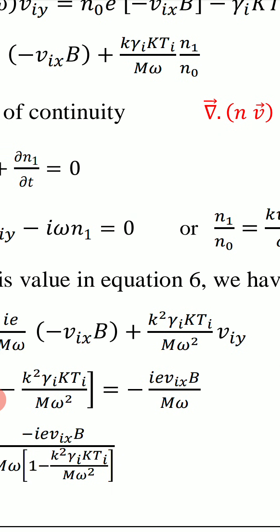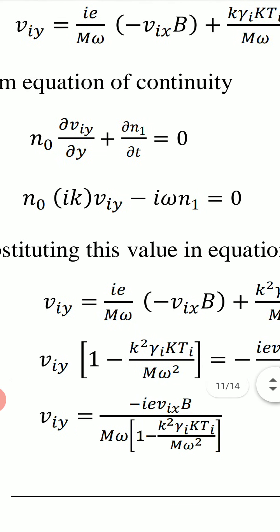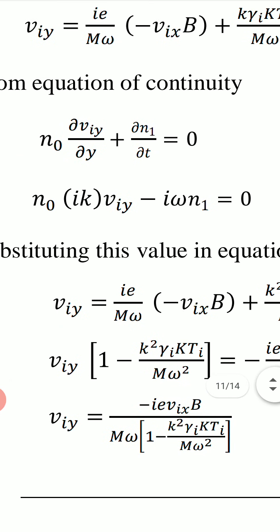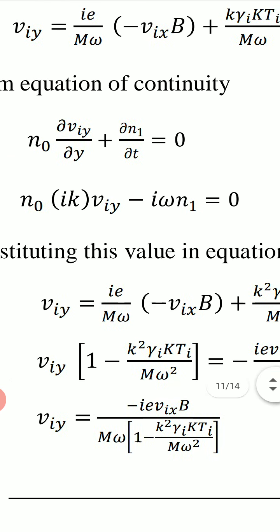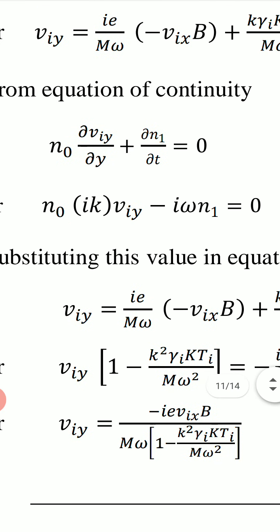In place of v vector we write Viy, the y component of ion velocity, and for n we write n0.